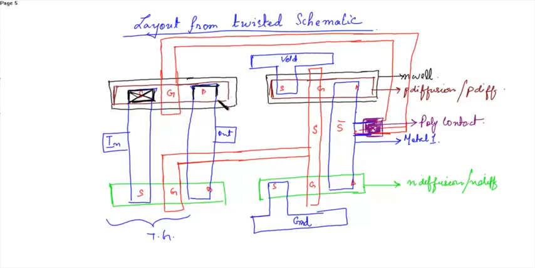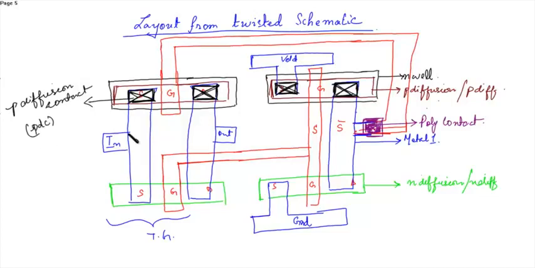Similarly, over here in the P diffusion layer, you have to place the P diffusion contact. This is the P diffusion contact. You can say this is the PDC contact.